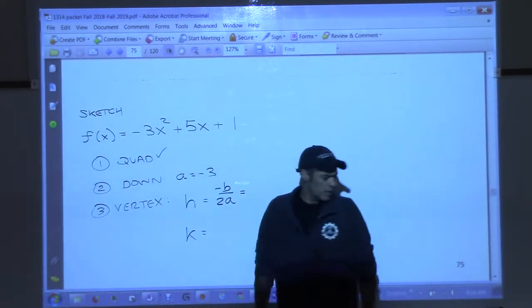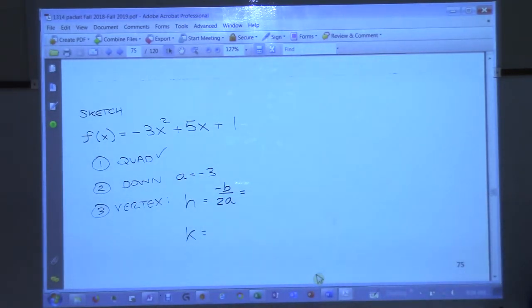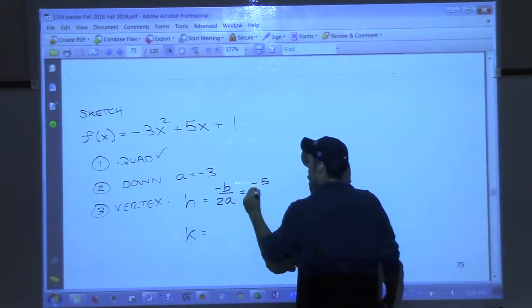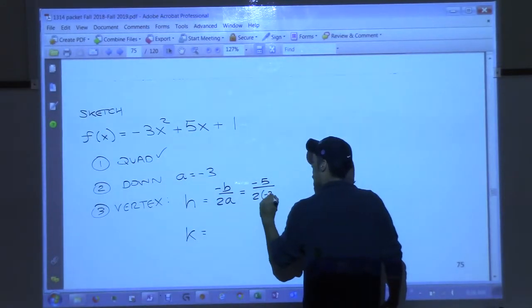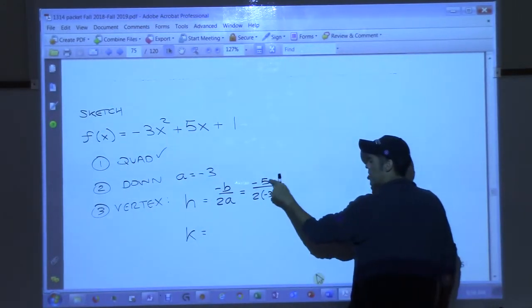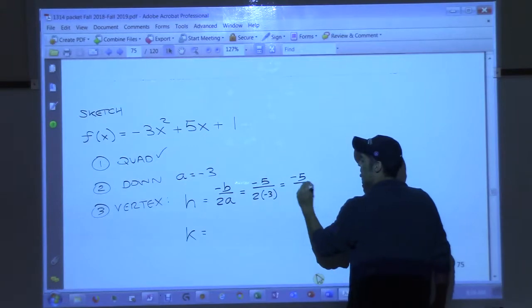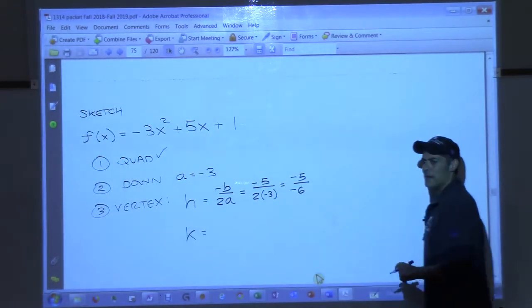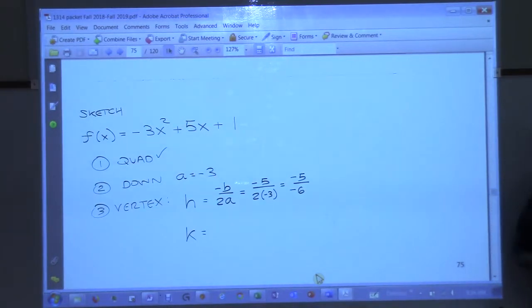So for us, Frank, what's negative b for us in this problem? Negative 5, we all agree? Okay, we're going to divide that by what? 2 times negative 3. So we have negative 5 divided by 2 times negative 3, which is negative 6, right? A negative divided by negative is positive, but that's not a nice number.